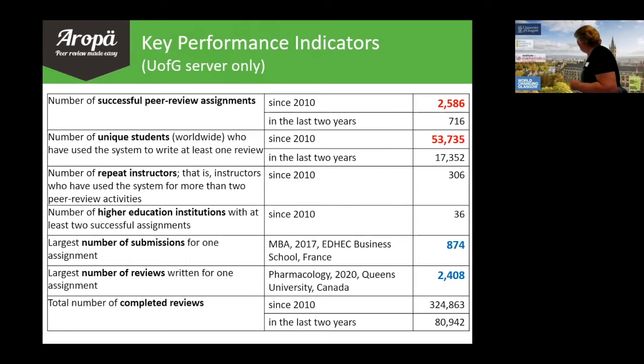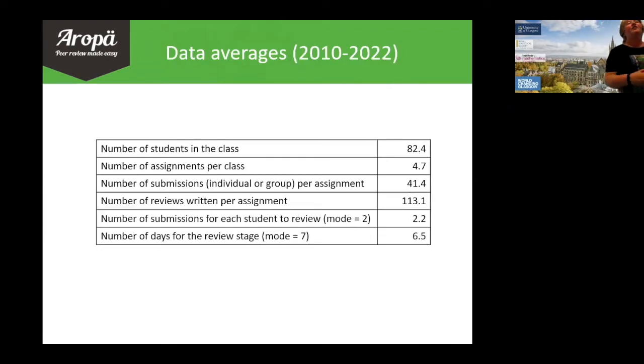And we've got 36 institutions using it at the moment. I've got these data averages because they give some kind of sense about what a typical assignment looks like. Typically, we've got just under 100 students in the classes. The number of assignments, 4.7, seems quite high, but we do find that, quite rightly, I think, an instructor will say, I'm going to use peer review for my class this semester, and they would have 3 or 4 small assignments going throughout that semester.